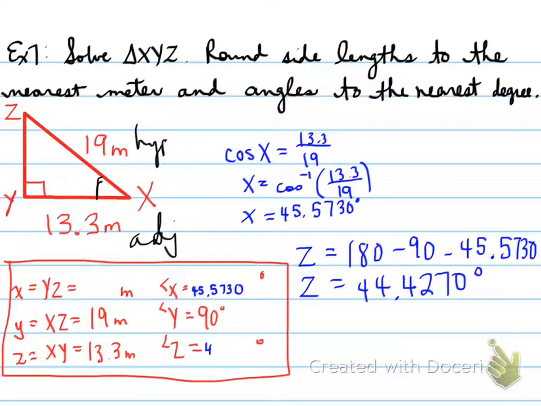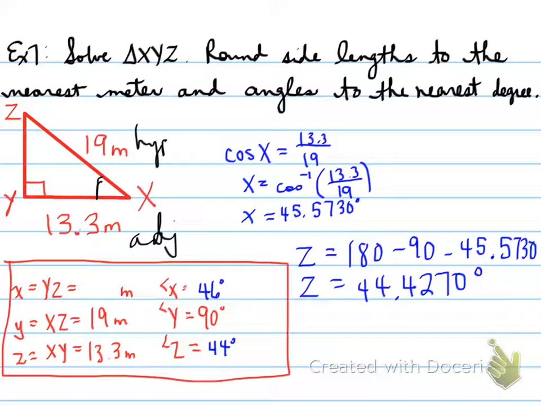For z, 44. Now remember we need to round the angles to the nearest degree. So we had 45.5. We could write 46 here. And then the other angle is going to be an angle of just 44 degrees. That is the remaining.